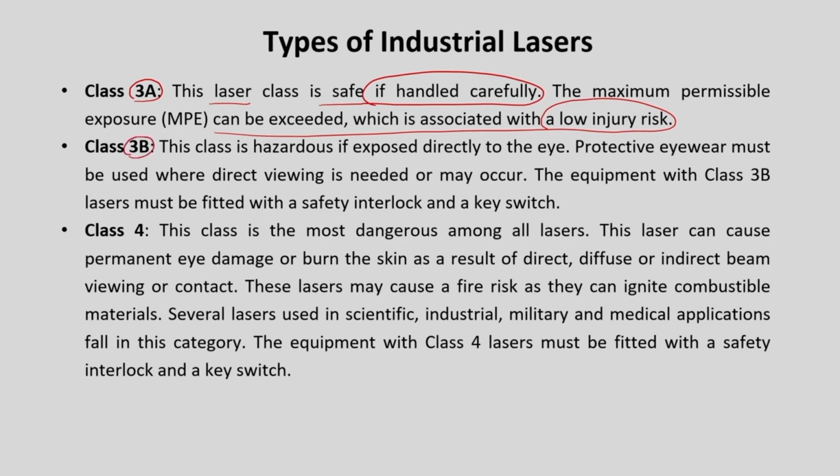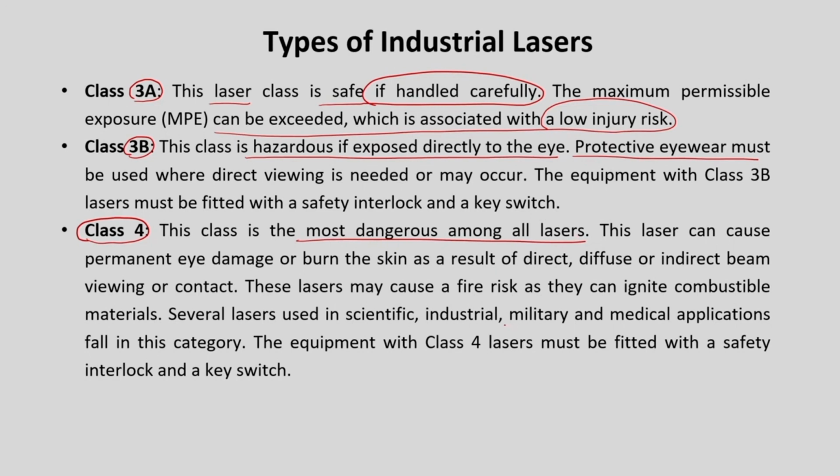Class 3B lasers are hazardous if exposed directly to the eye, and we must have protective eyewear during operation using these class 3B lasers. The class 4 are the most dangerous among all the lasers, and these are basically being used in high power material processing.